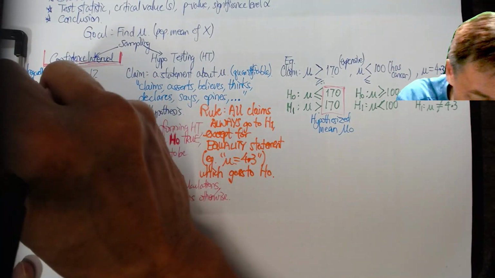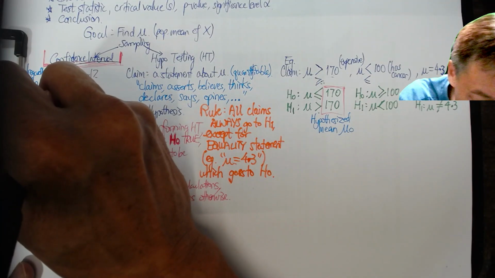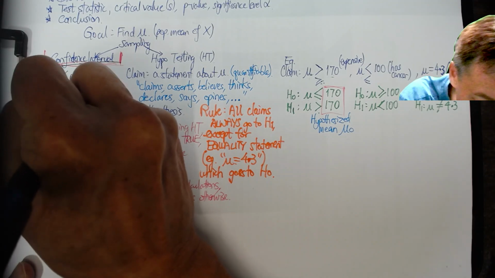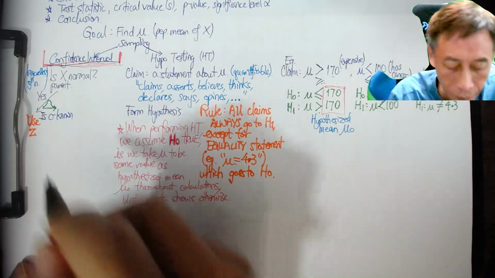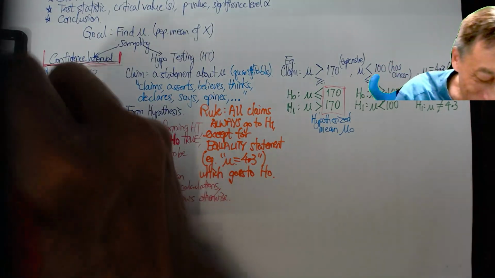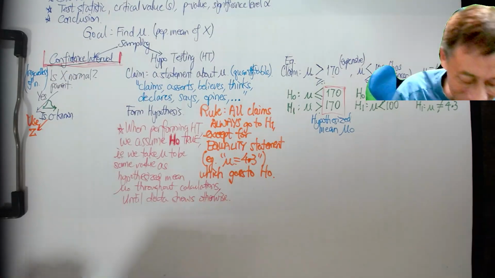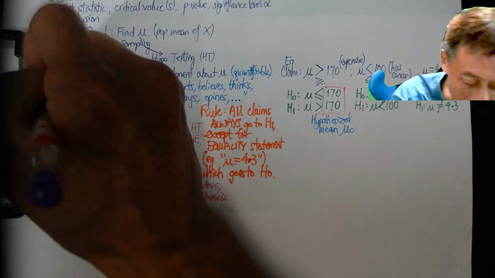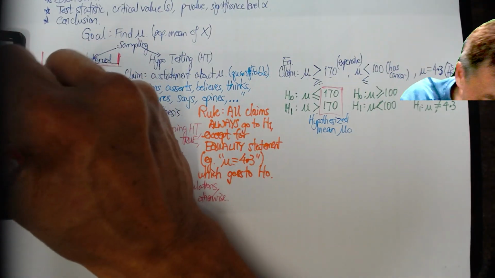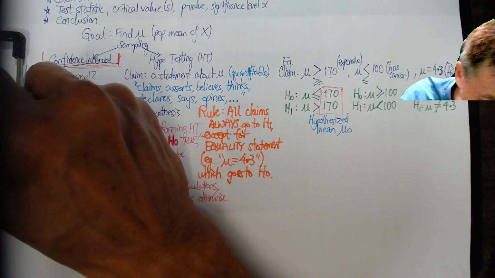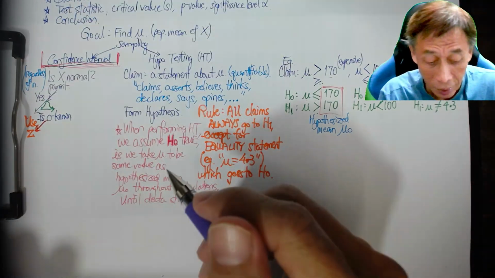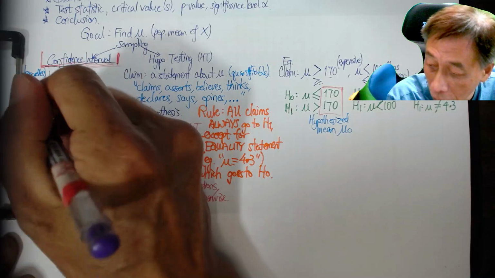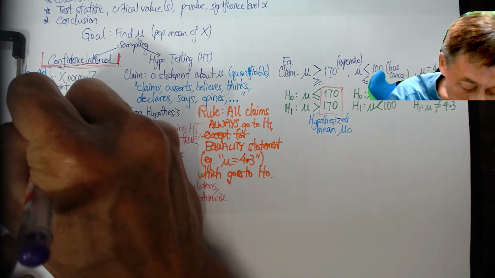If I forgot to ask another question, is sigma known? Yeah. Okay, and if it is known, now that we use that. Okay, so let's back up a little bit here. And if it is not known, then we will have to use T.